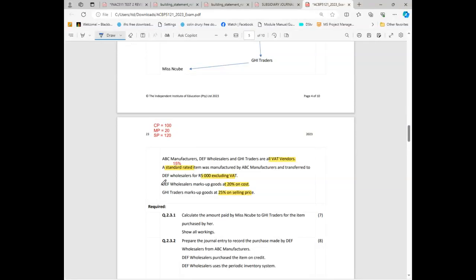Let's analyze the other one, which is 25%. Let's see how you analyze it.